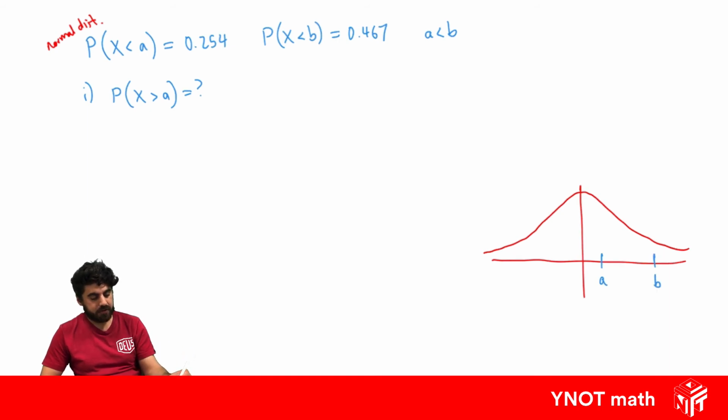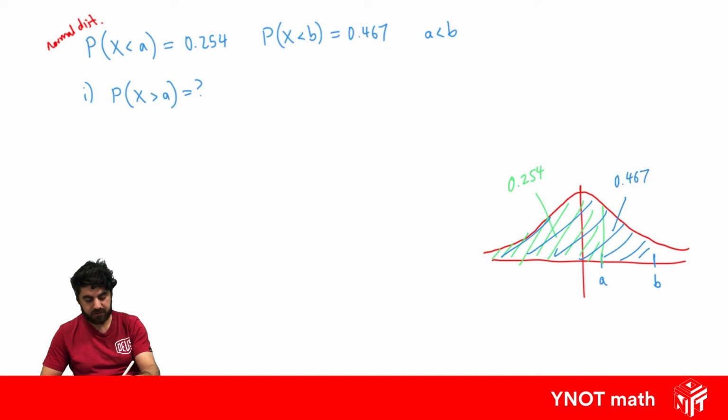We know the probability that a score is less than A is 0.254, which means all this area here is 0.254. And the probability of a score being less than B is 0.467, so all of this is 0.467.